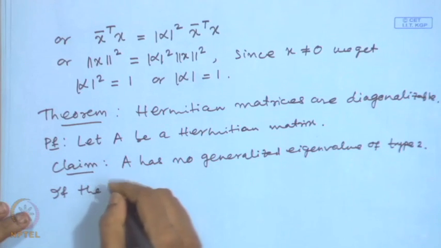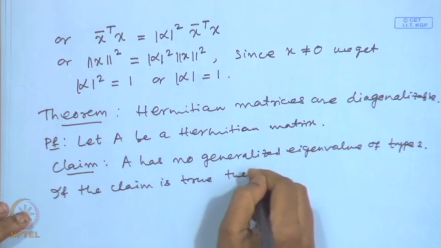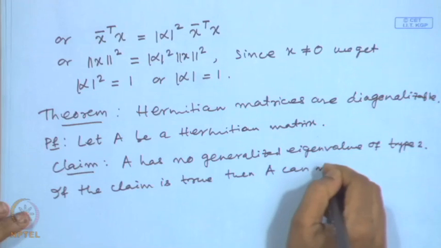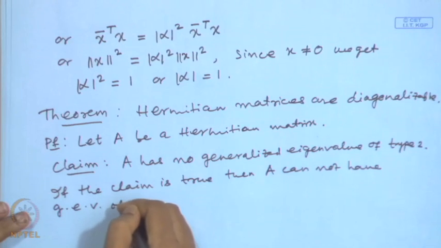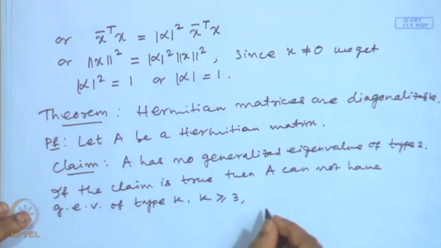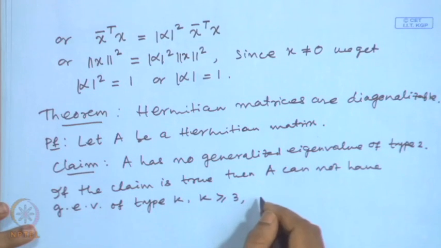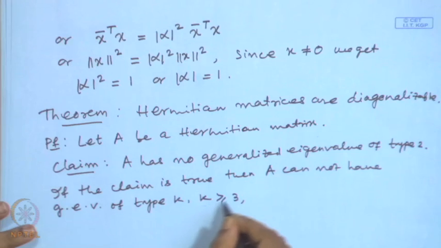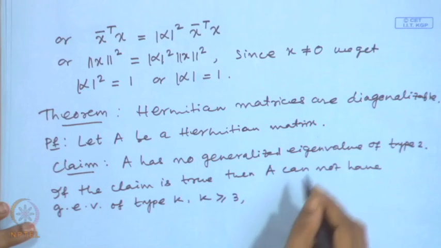If the claim is true, then A cannot have a generalized eigenvalue of type k greater than or equal to 3, because if this matrix A has a generalized eigenvalue of type k greater than or equal to 3, then the chain generated by the corresponding eigenvector will contain an eigenvector.